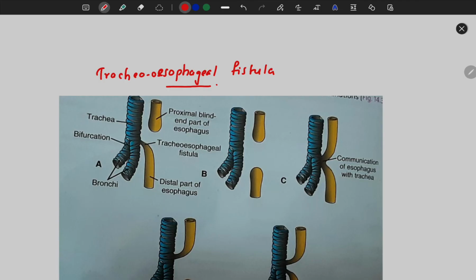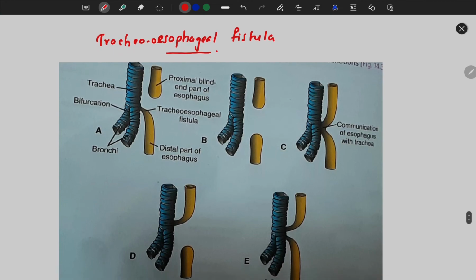The next developmental anomaly is the tracheoesophageal fistula. There are actually 5 types: type A, B, C, D, E. Earlier I described the tracheoesophageal septum. Abnormal partitioning of the esophagus and the trachea by the tracheoesophageal septum results in the tracheoesophageal fistula.